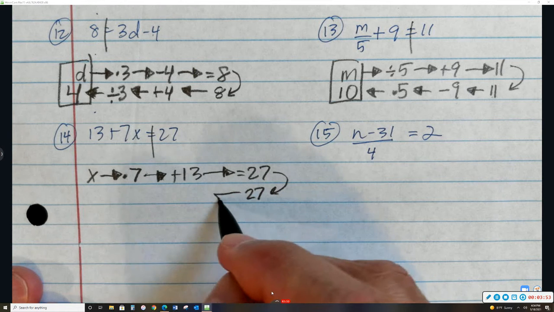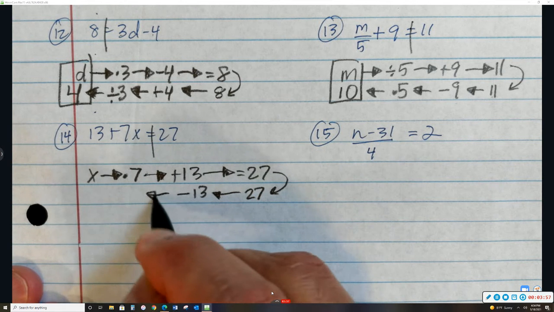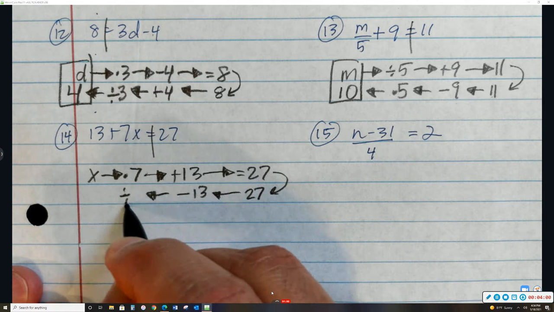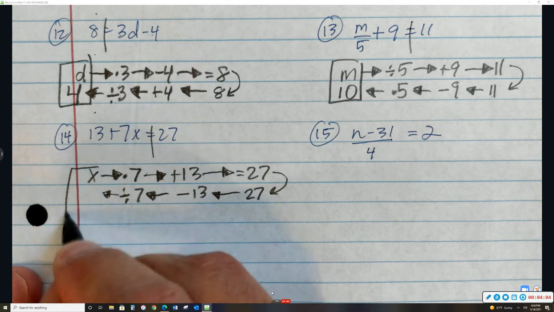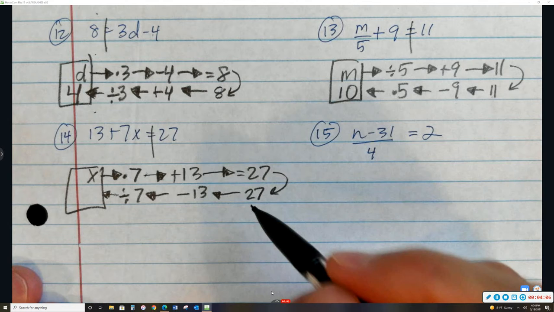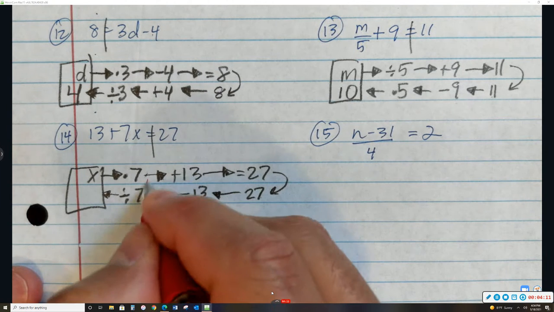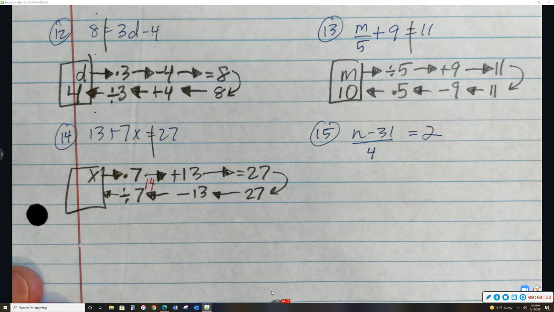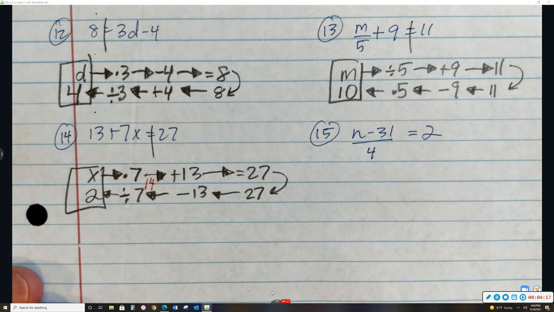27 minus 13, divided by 7. And let's go 27 minus 13. I believe that's 14. I'm going to write that down just so I can remember. And then 14 divided by 7 is 2.